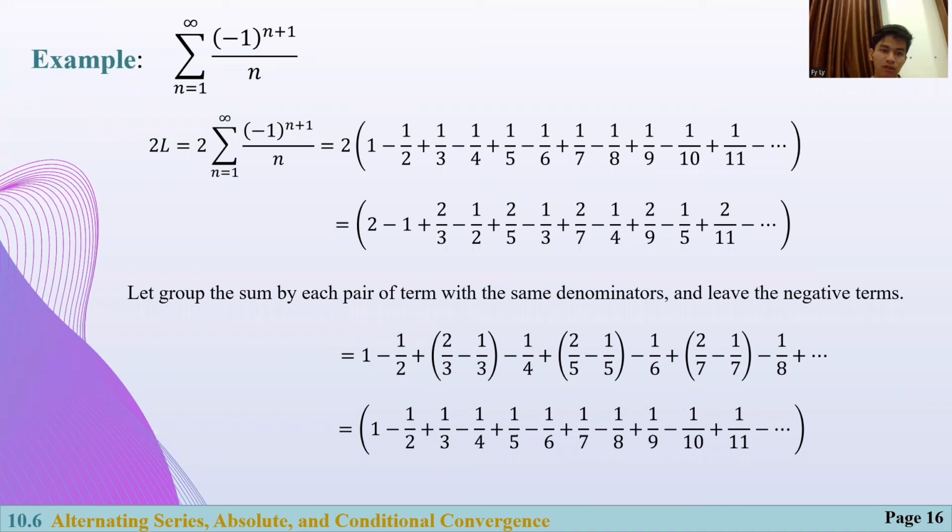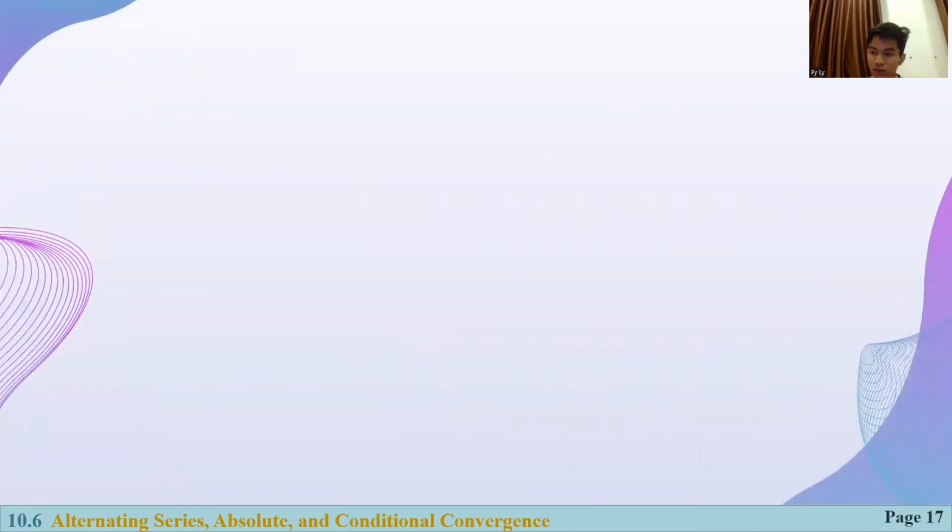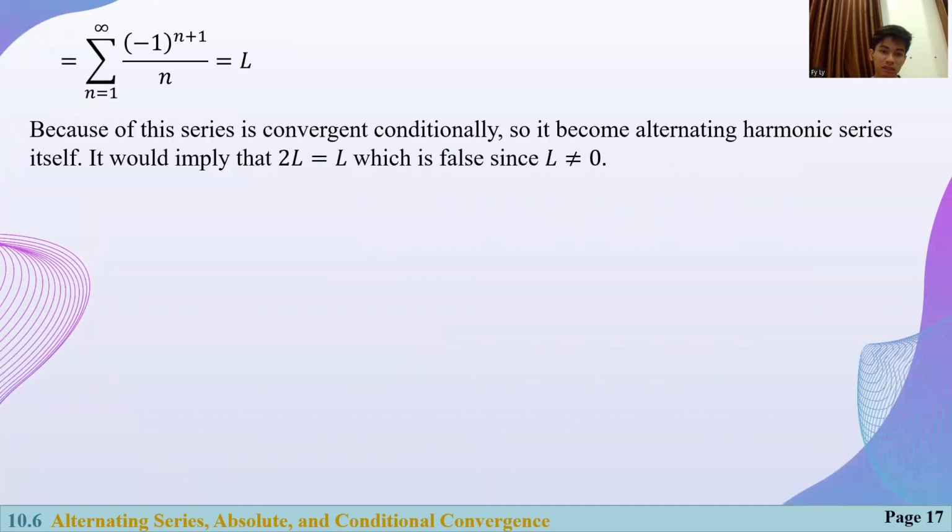The L is represented by this series, so 2L is equal to the sum of this, and we group the pairs with the same denominator and leave the negative terms. This turns back into the original series, because it is conditionally convergent, so it becomes the alternating harmonic series itself.